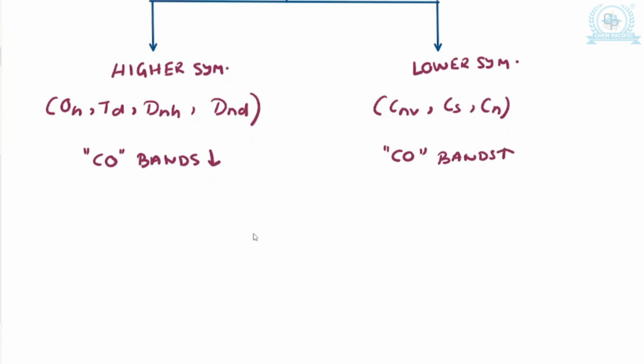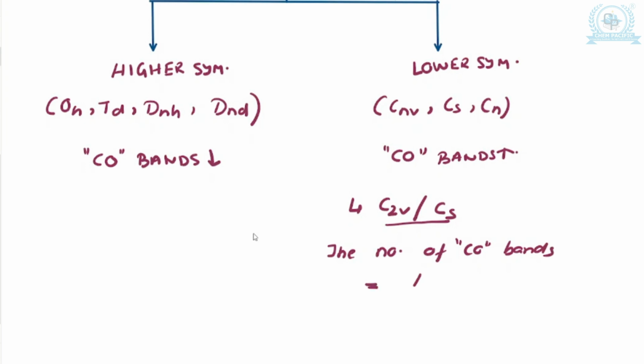And one more piece of information: in the case of C2v, look carefully, this is very important. In the case of C2v and Cs, you don't need to do anything. If the point group is C2v or Cs, you can directly say that the total number of CO bands will be equal to the total number of CO units.